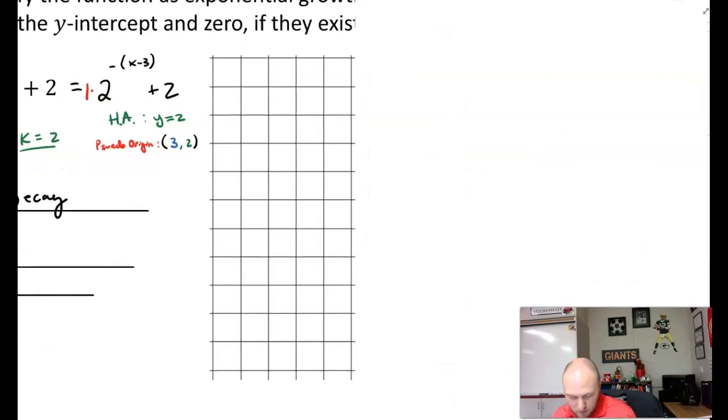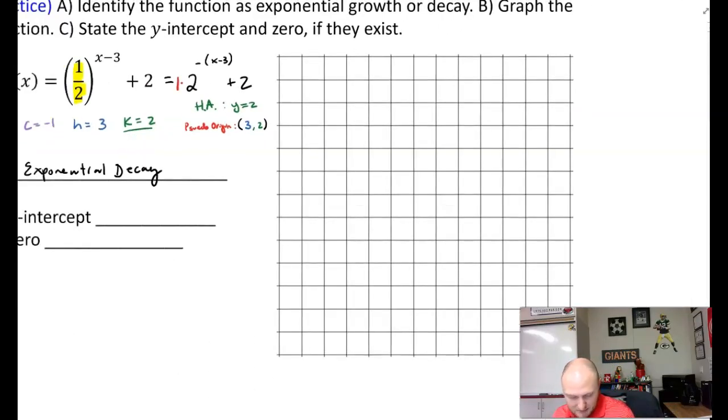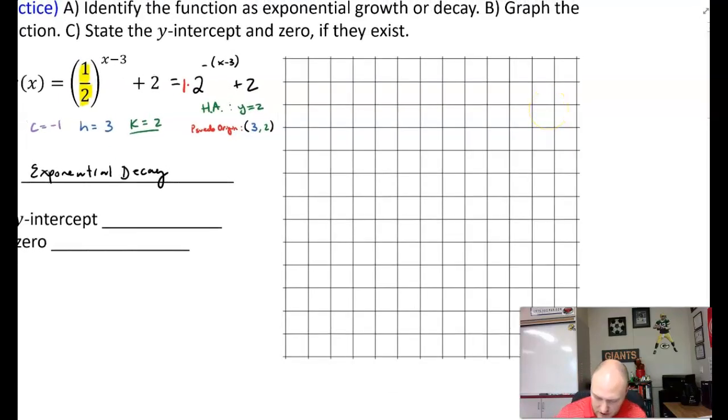So before I get to the key points, let's go ahead and place some axes on this. We are shifting up 2, so I'm going to put my x-axis down here. And then my y-axis, since we have an h value of 3, we're shifting to the right 3. I'm going to offset that.